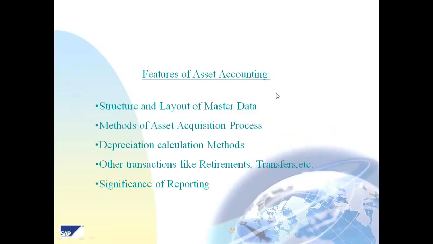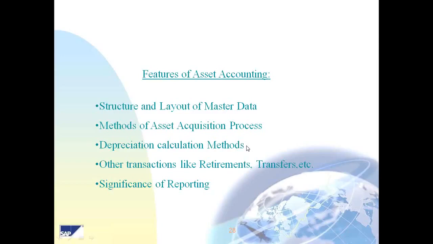As far as asset accounting is concerned, we are going to look at how to structure the master data within asset accounting and how to maintain the layout of the master data. Different asset acquisition processes are available, for example, direct acquisition with PO or without PO. How to calculate the depreciation?